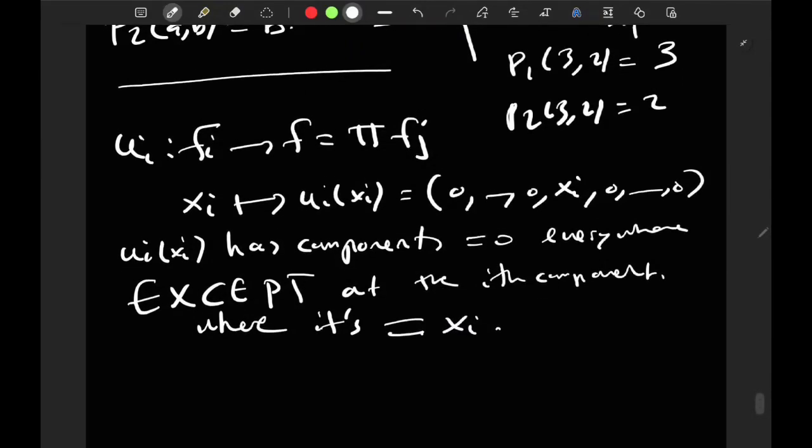So it's injecting your x_i, which is taken from one of the spaces constituting the product, into F.